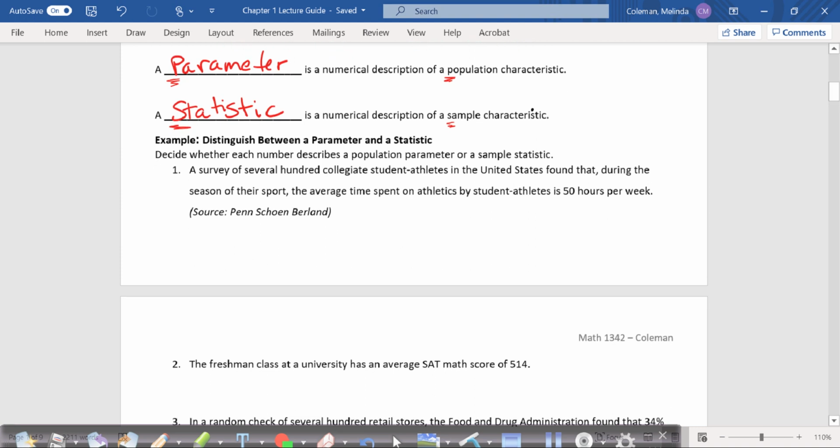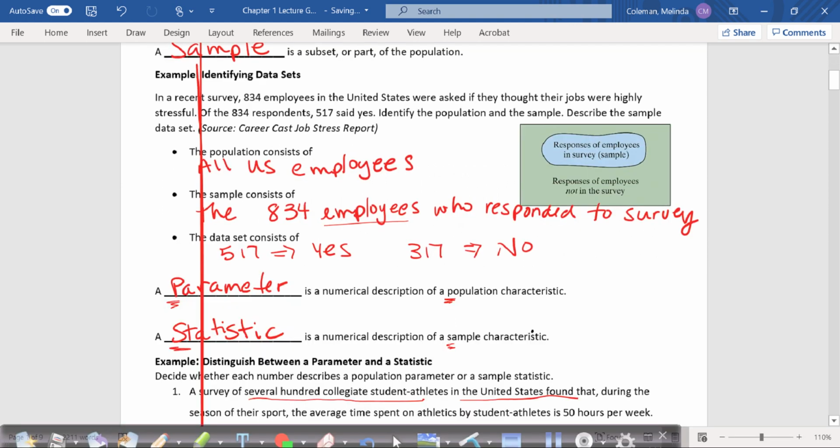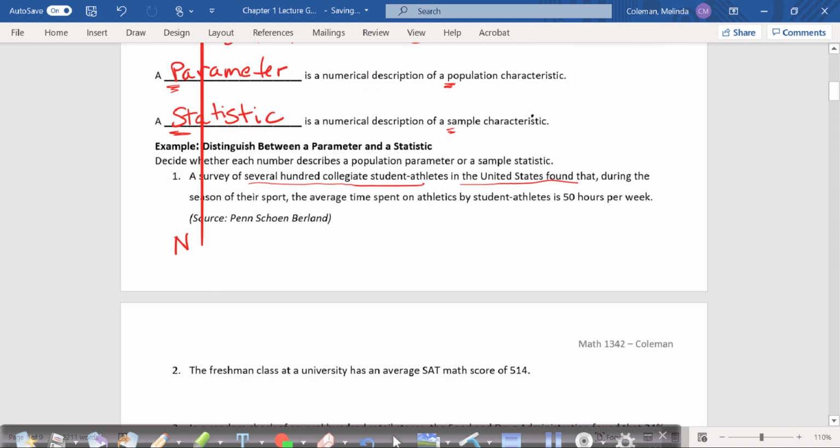It says several hundred in the United States, so obviously that's not all the students. Since it's not all of the students, this is going to be just a sample. Statistic.